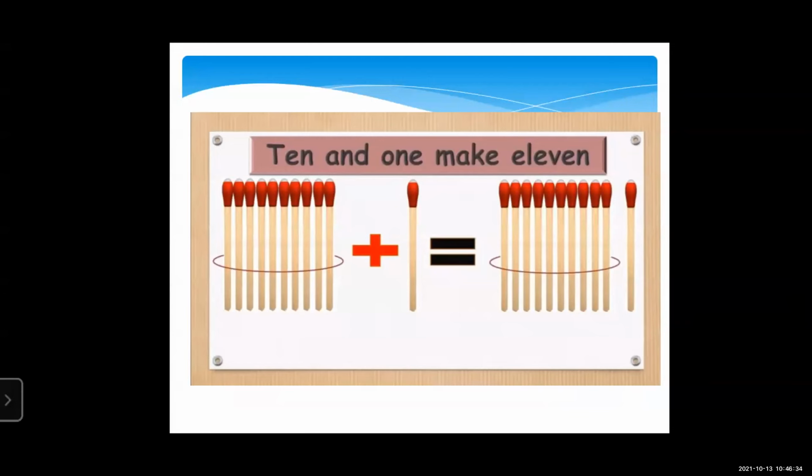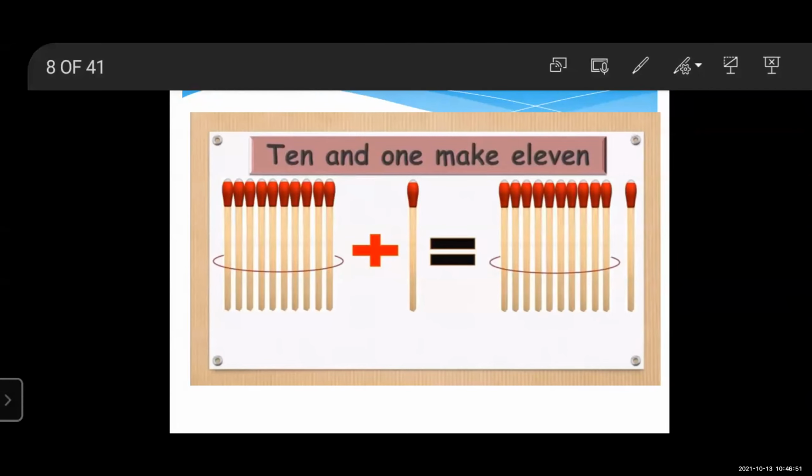Let's see one more example. 10 and 1 make 11. What is this? These are the matchsticks. And I told you when you make a bundle, you can count it as 10. You can count them 10 plus 1. See, there is a bundle of matchsticks. How many matchsticks are there?